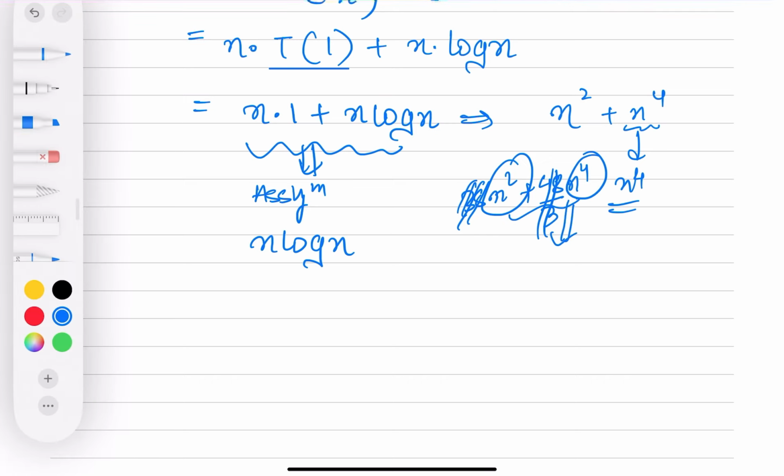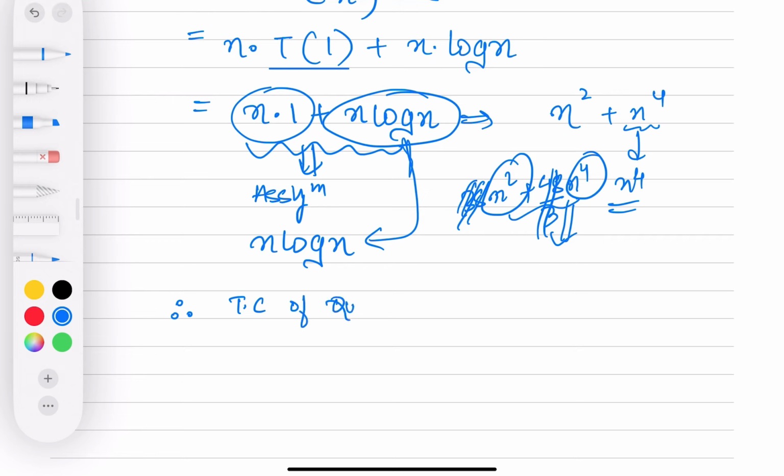That's what I have done. So between n and n log n, the dominant function is n log n. Therefore, the time complexity of quick sort in the best case is O of n log n.